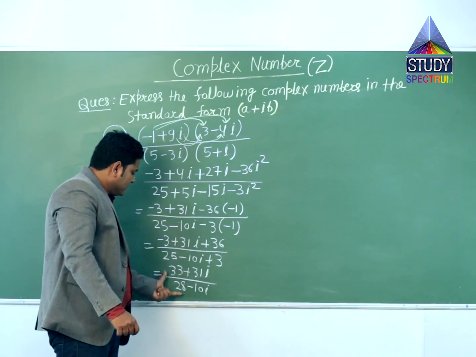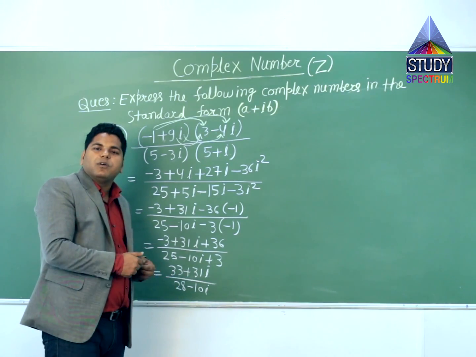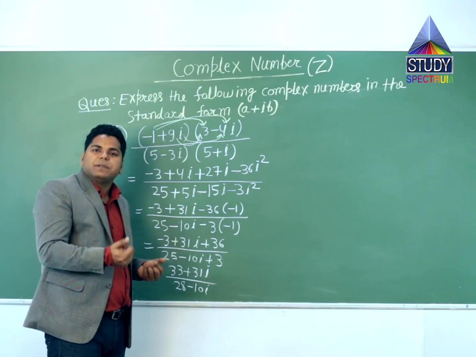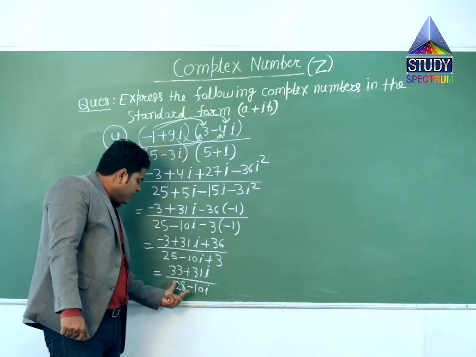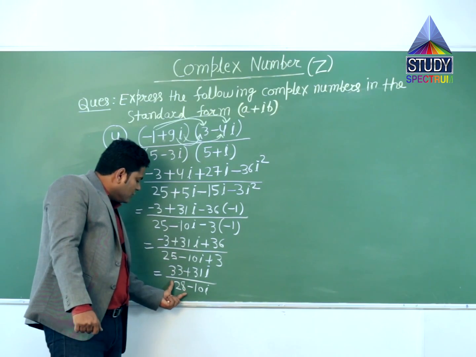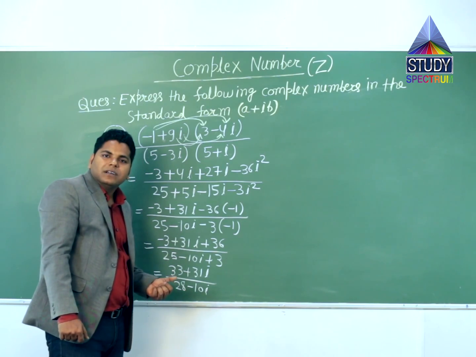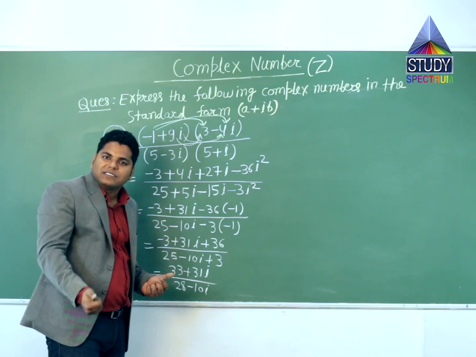We have to express this in the standard form of a complex number a plus ib. So we will make the denominator a rational number. We make the denominator a rational number.